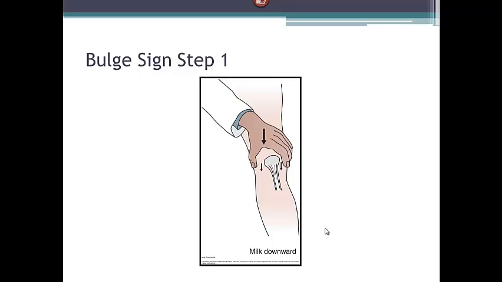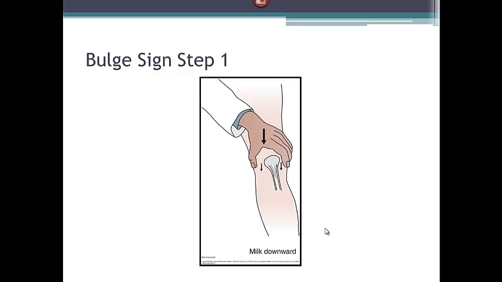Note the consistency of the tissue, if it feels soft, if it feels solid. Normally the joint should feel smooth, with no warmth, no tenderness, no nodularity. If you feel any type of fluctuation or if it's boggy, you have to think about possible suprapatellar pouch synovitis.